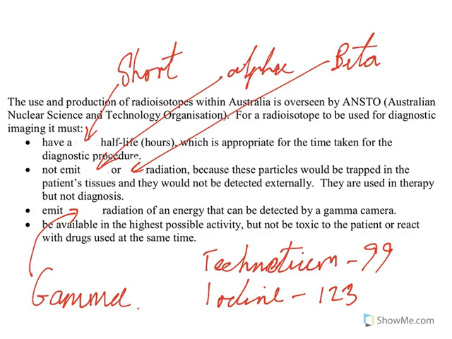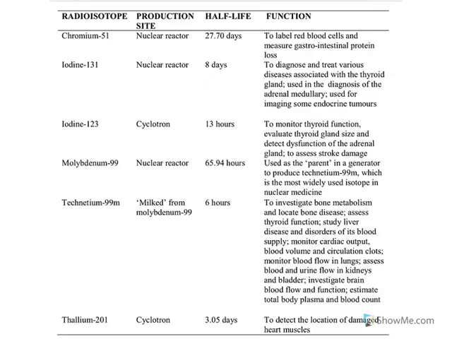There's also another table, and this table shows some things that may be used for imaging. All right, don't panic, you don't need to know all the details of that, that's just some information.